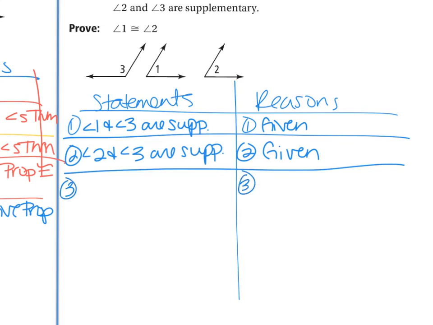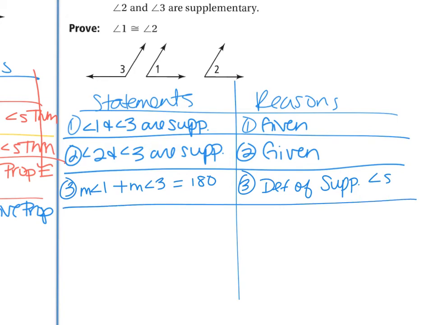So what does that mean? Well, the measure of angle 1 plus the measure of angle 3 equals 180. And how did I know that? Because that's the definition of supplementary angles.